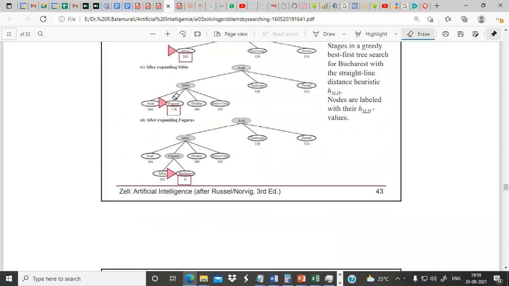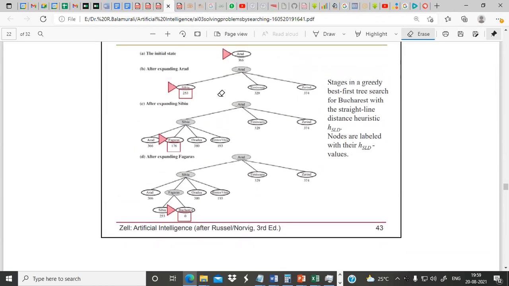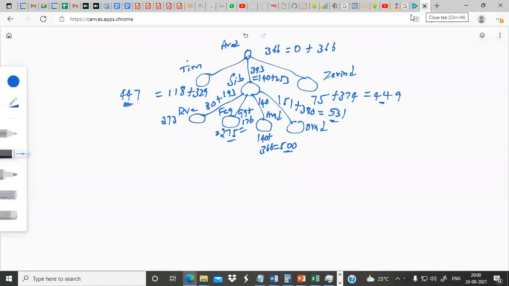So you can see here, from CBU, what it is exploring. From CBU, oh, Fagores is having less value as per this. Let me check. What is the path of Fagores? What's the actual cost of reaching Fagores from CBU?